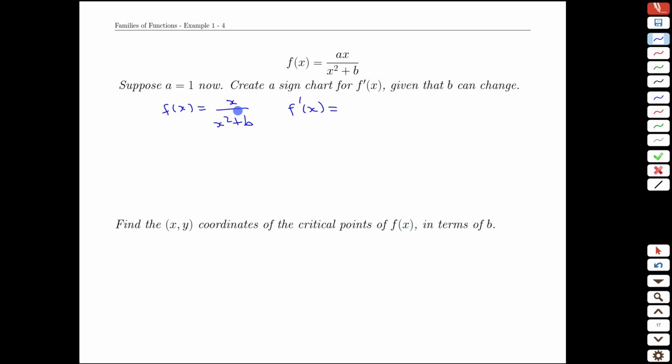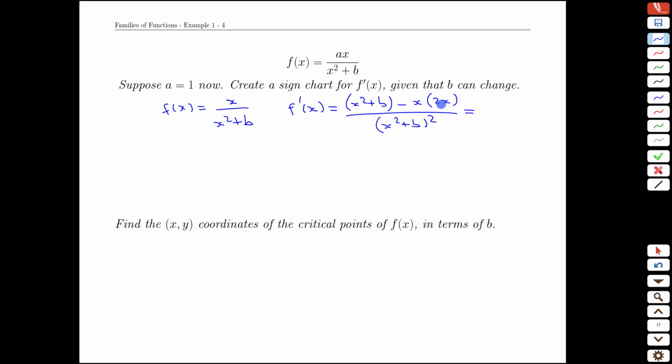So let's take a look at the derivative though, with this being our function, so a is hardwired to 1 for now. And what we're going to have is 1 times the bottom minus the top unchanged times the derivative of the bottom, all over the bottom squared. Now we'd like to simplify that a bit.